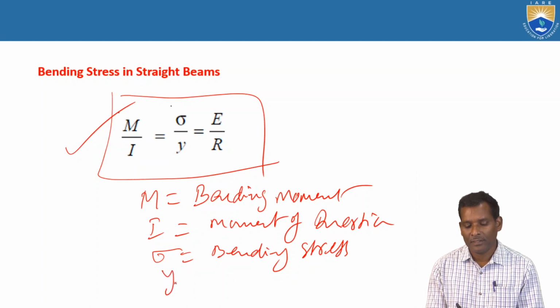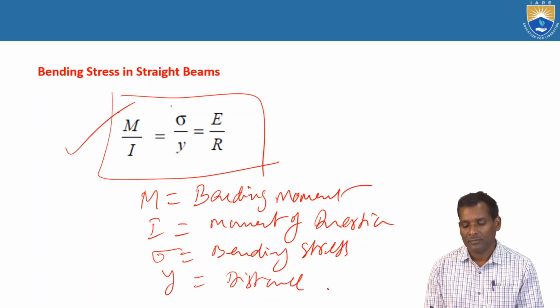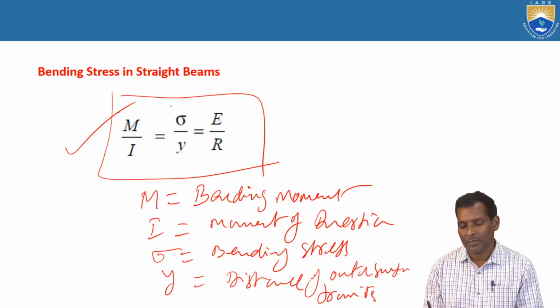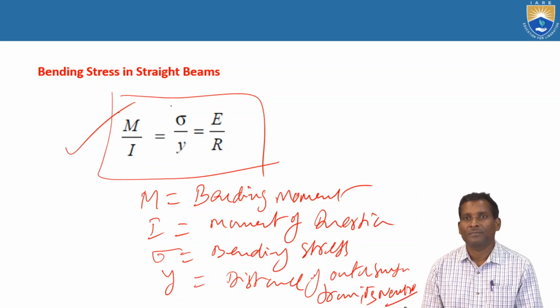And y is the distance of the outer surface of the cross section from its neutral axis.